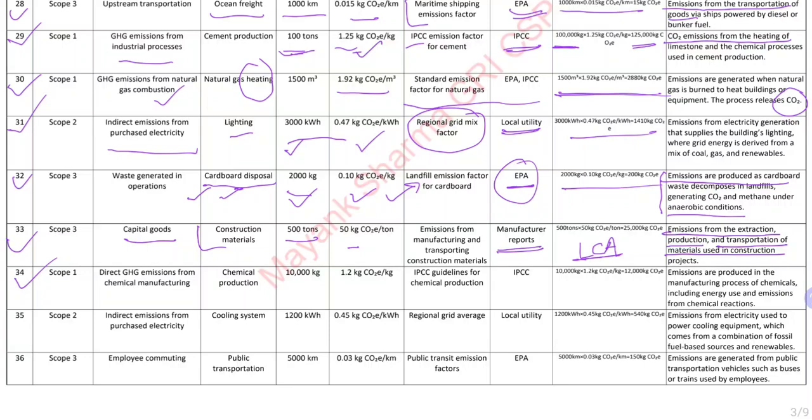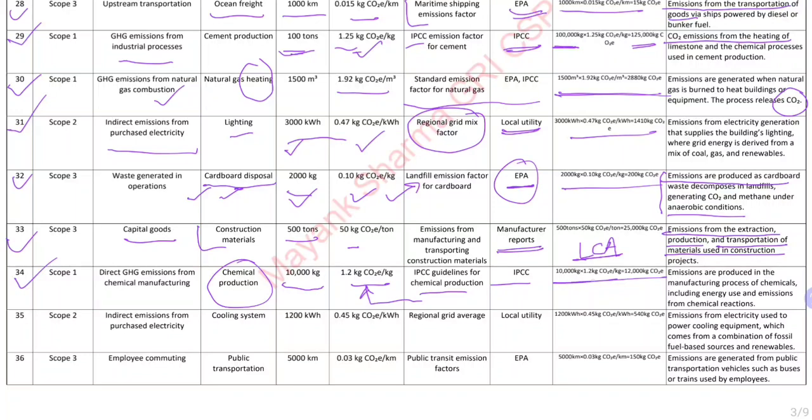Next example, scope 1, direct GHG emissions from the chemical manufacturing process. We are taking the example of a chemical production plant. Total quantity of the chemical produced is 10,000 kg. This is the emission factor per kg of chemical produced. As per the IPCC chemical production guidelines, we can source this emission factor.